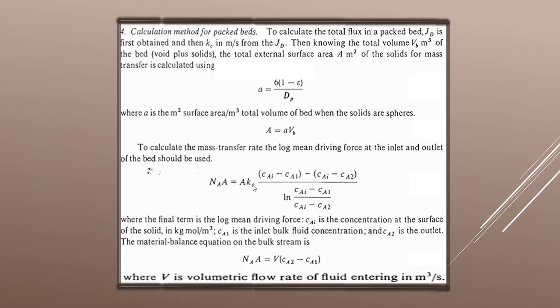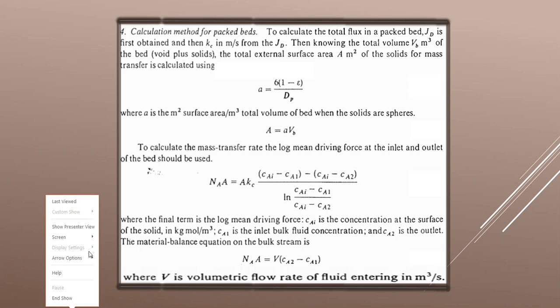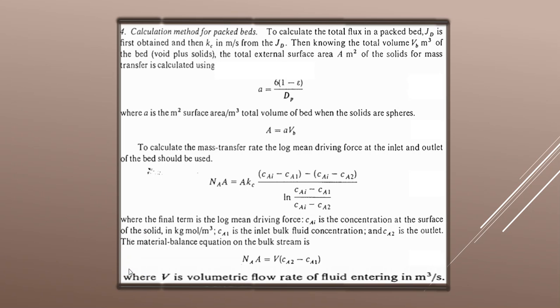It's just like Kc is equal to V over A. If this entire expression is equated to this, we want to isolate the K sub C here. So this A times this log mean driving force will be the divisor of this entire expression, right? So I will equate the experimental value to V over A times CA2 minus CA1 over this log mean driving force. I think you know how to follow through the math. If you do that, this will be the resulting expression.